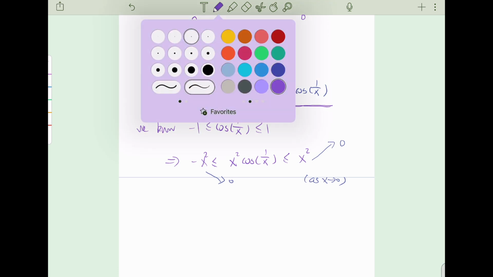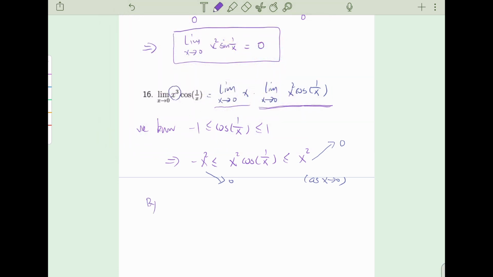By the squeeze theorem, we have the limit as x goes to 0 of this x squared cos 1 over x goes to 0. Right?